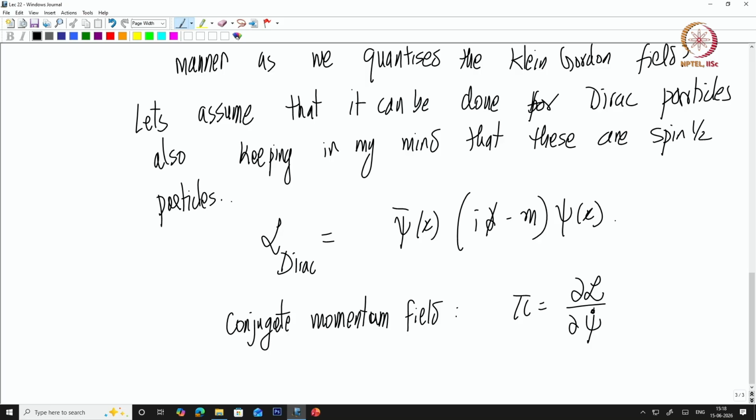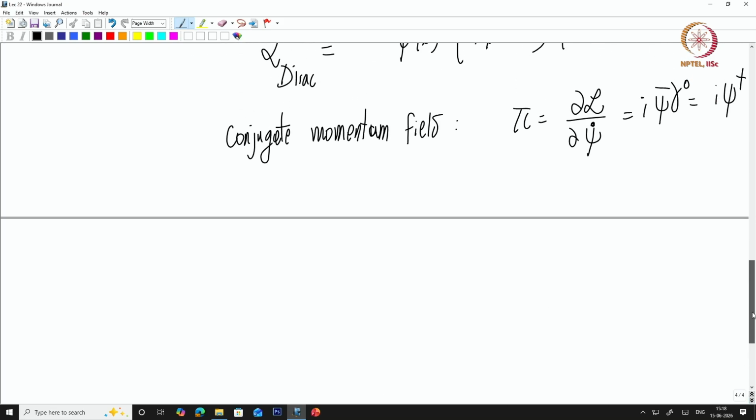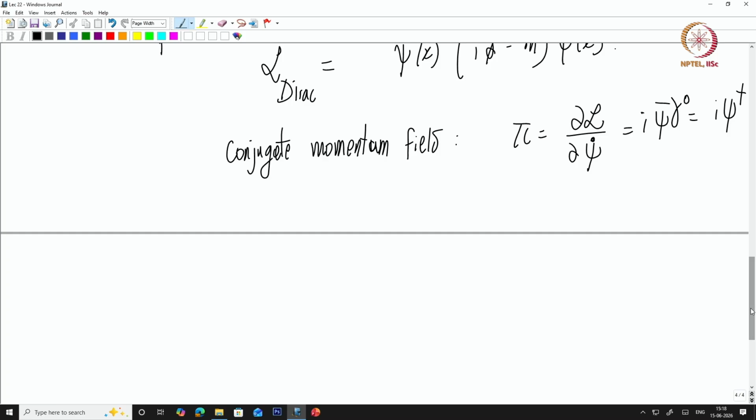Differentiating with respect to psi dot, this is i psi bar gamma 0, which is called psi dagger. Now psi dagger has no time derivative of psi, but that is because it is a first order equation in time, the Dirac equation.